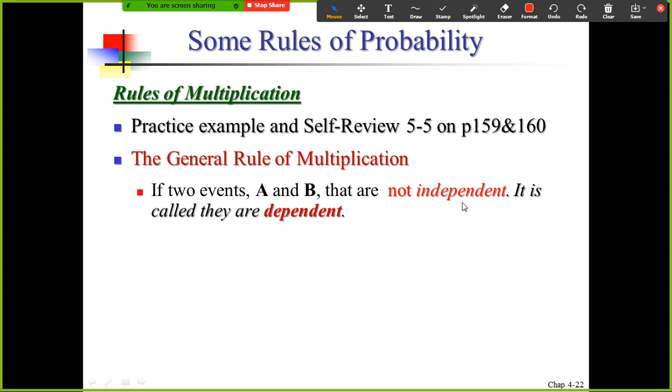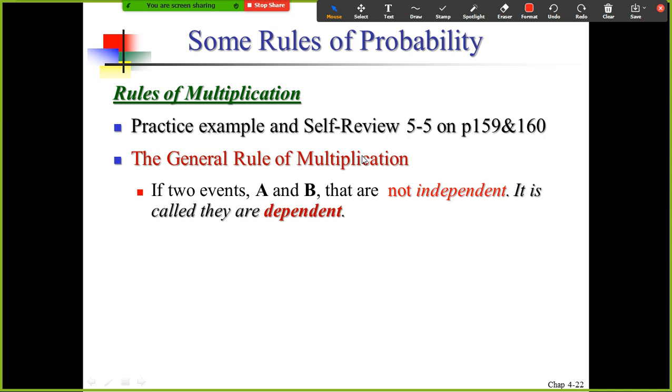What does it mean, not independent? That means A may depend on B, or B may depend on A. So if they are not independent, they are called dependent events.